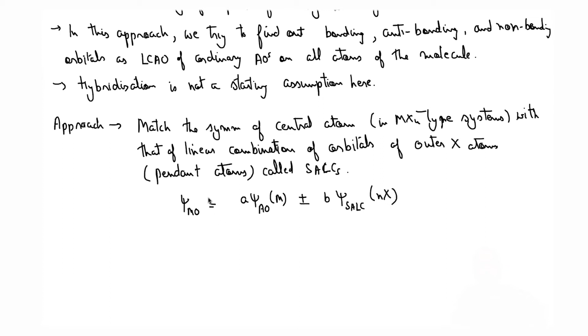So this is the general picture of MO theory, where psi SALC is nothing but C1 psi 1 plus C2 psi 2 plus Cn psi n. So this is a linear combination, right? This can be plus or minus, all right? And the appropriate coefficients also have to be normalized and orthogonal, all those things which we have already learned.